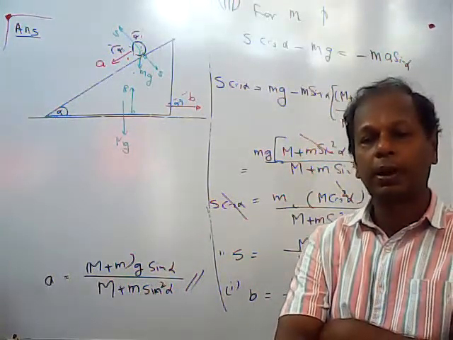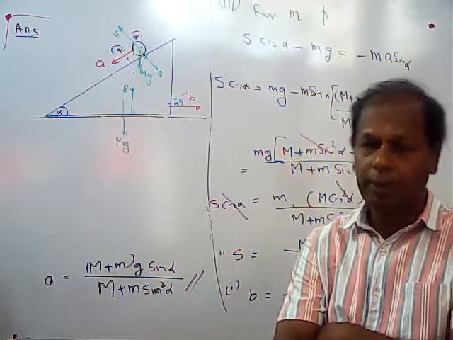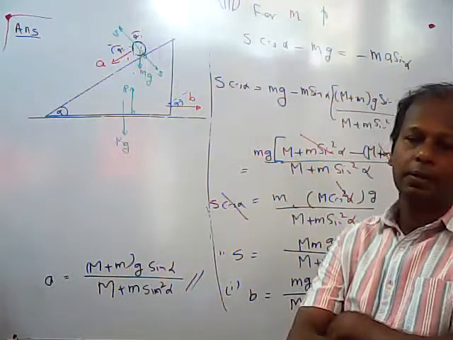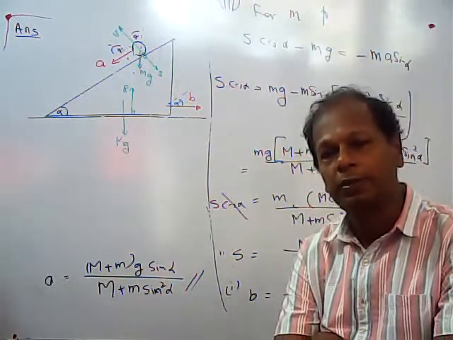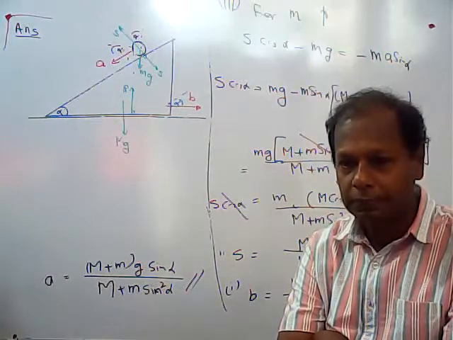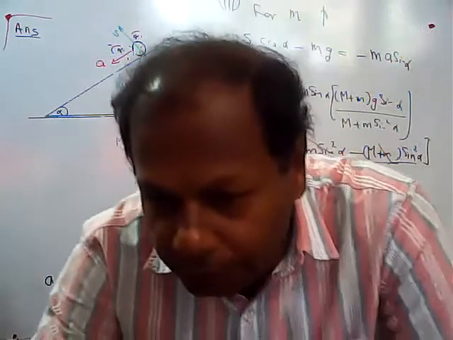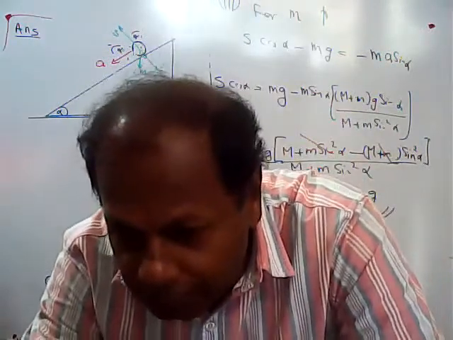What do you do? To find R, the main tool is F equals MA. Apply F equals MA on what? In what direction? Vertically for the system.